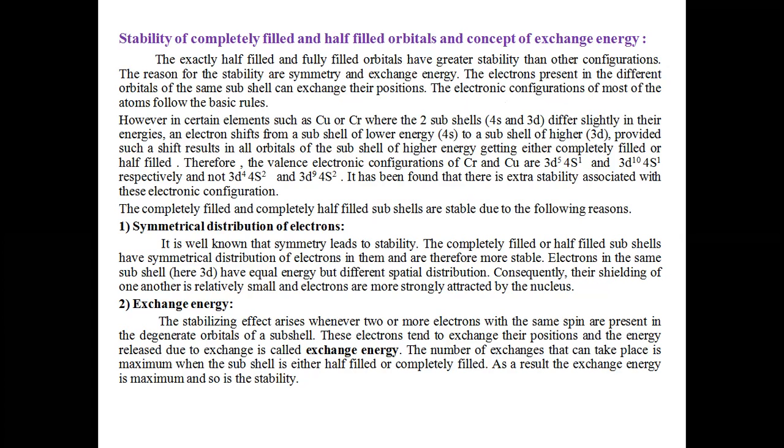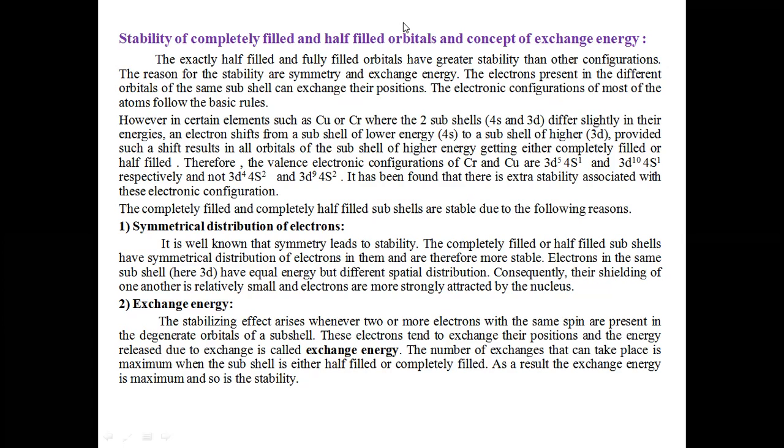In the last session we discussed the Aufbau principle, Pauli's exclusion principle, and Hund's rule of maximum multiplicity. These are the basic rules which we use for filling up electrons or writing the electronic configuration of atoms.